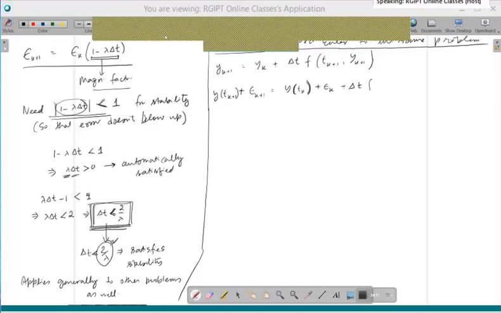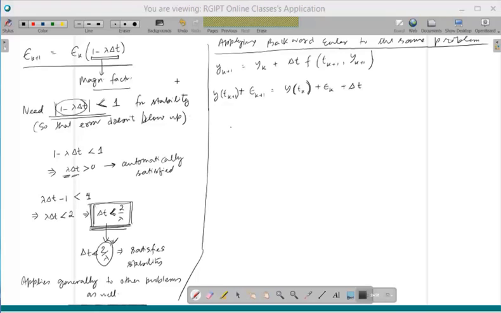Okay, it was delta t times f. F is minus lambda y, so minus lambda y k plus 1.